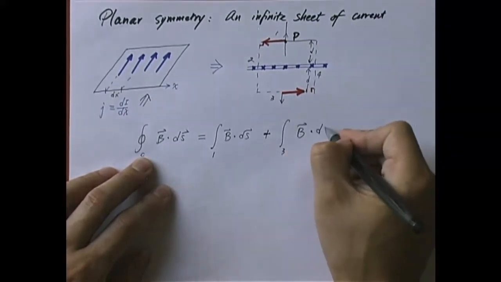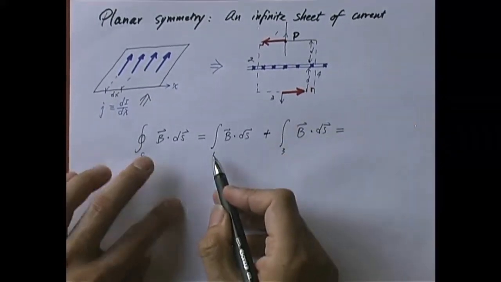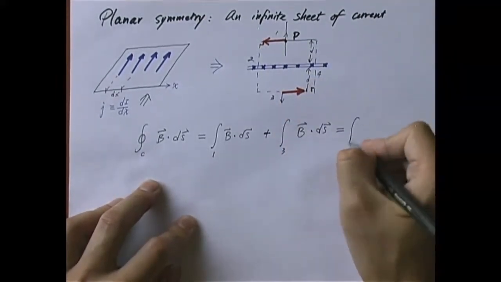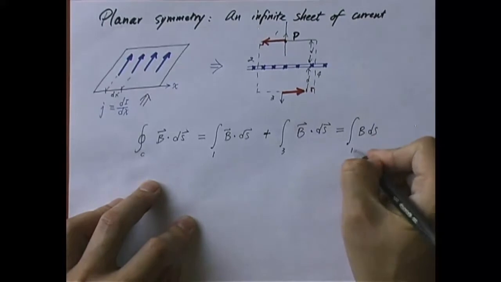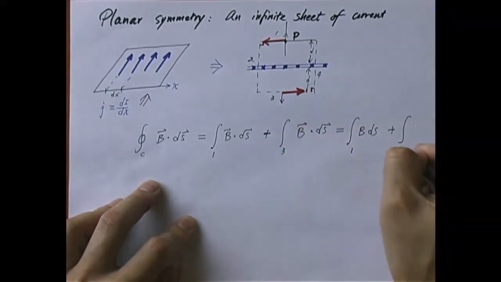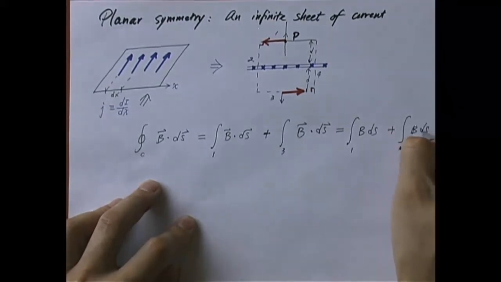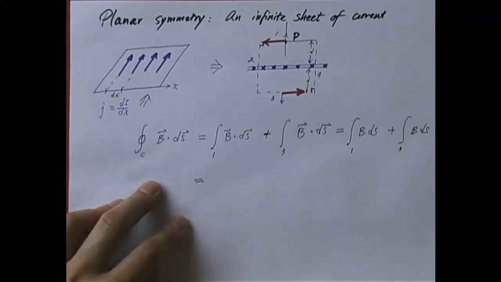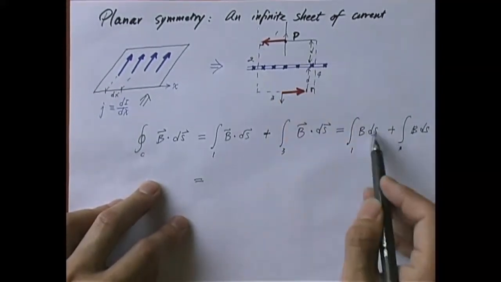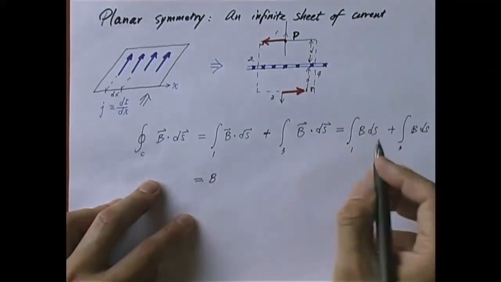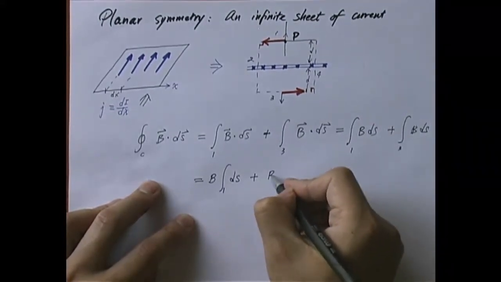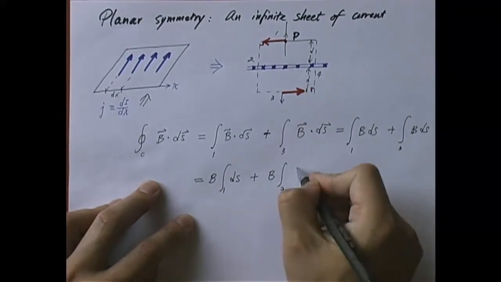In segment 1, B dot ds, aren't B and ds in the same direction? So I can write B ds. That's it for segment 1. Similarly, in segment 3, B and ds both point to the right, so B ds. And by symmetry, B throughout the entire segment 1 has the same magnitude, so I'm going to take that out: B times the integral over segment 1 of ds, plus similarly B times the integral over segment 3 of ds.